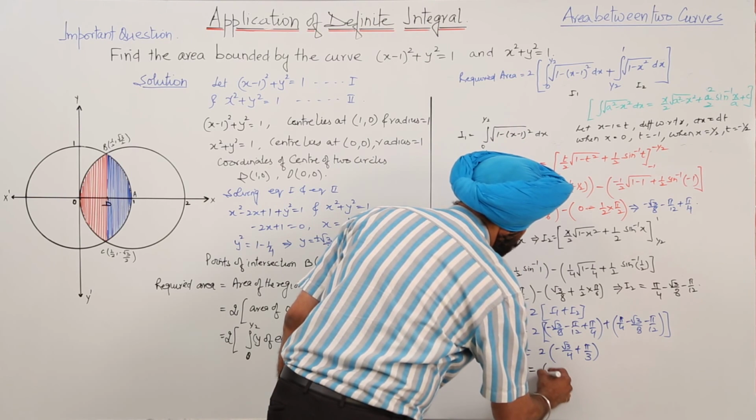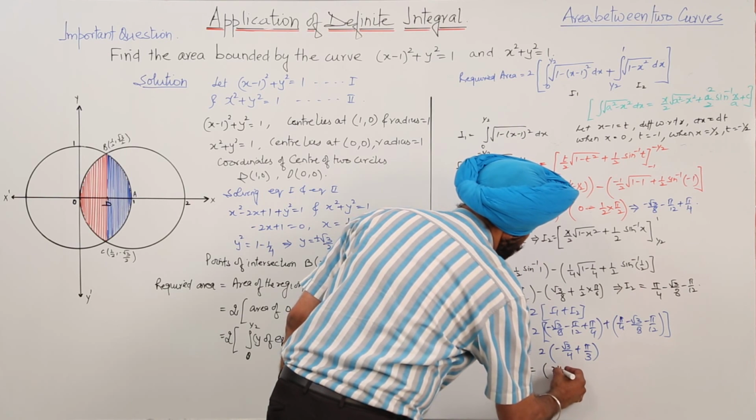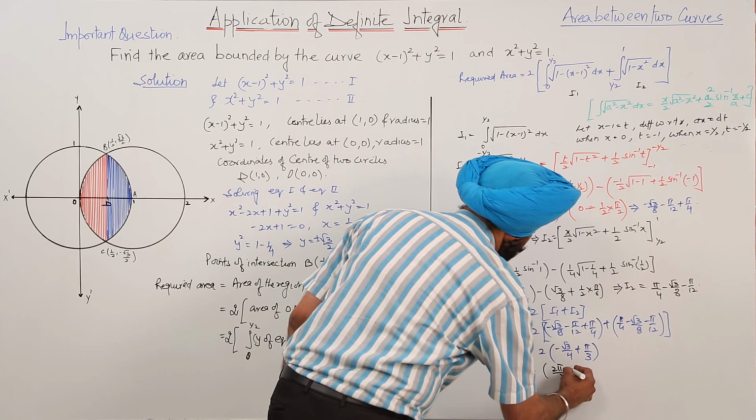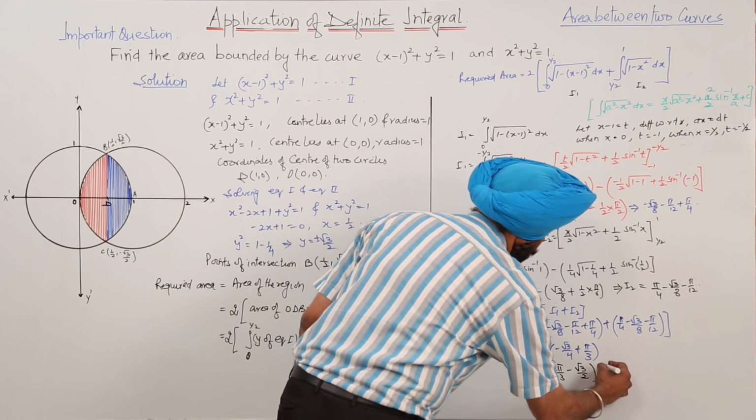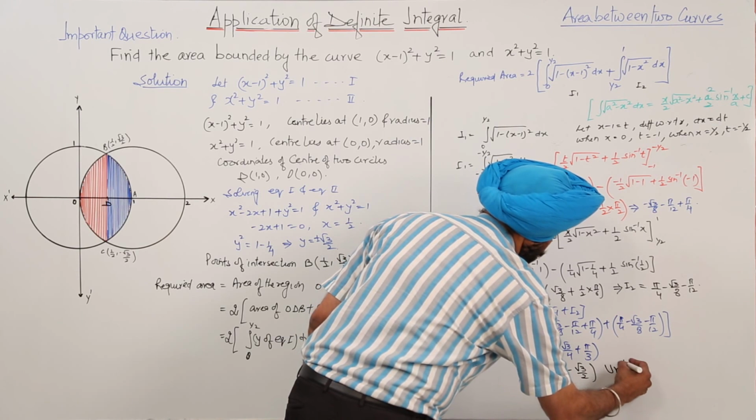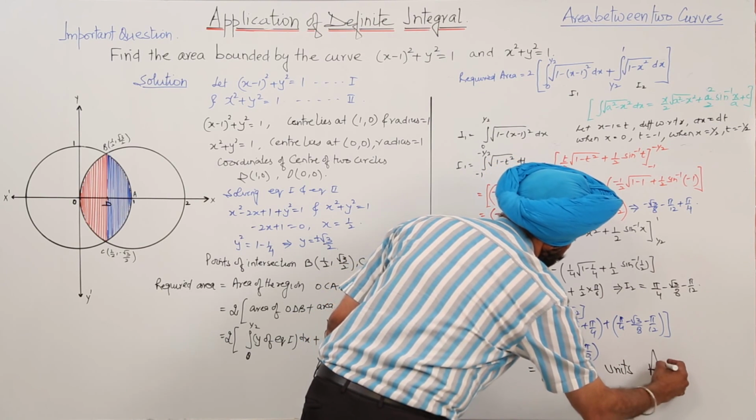And this is equal to 2π/3 − √3/2 square units. That is the answer.